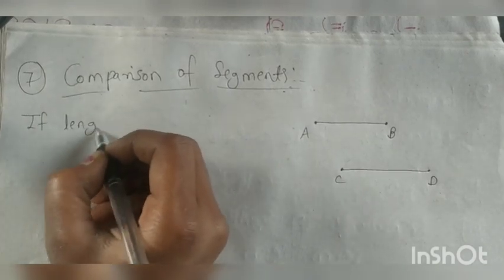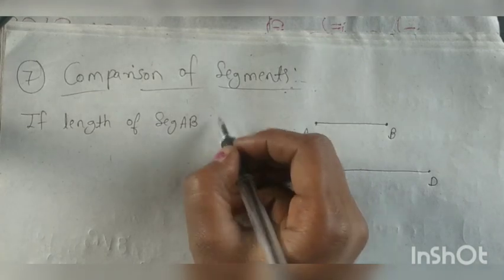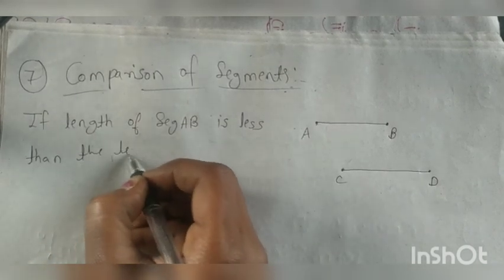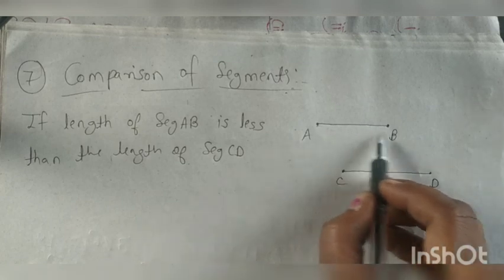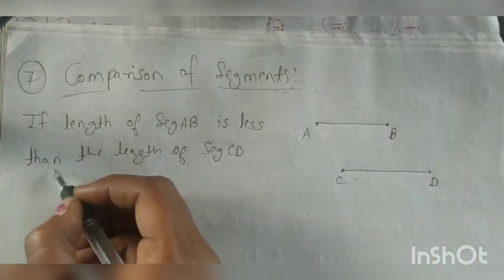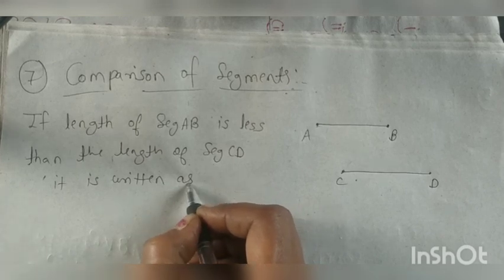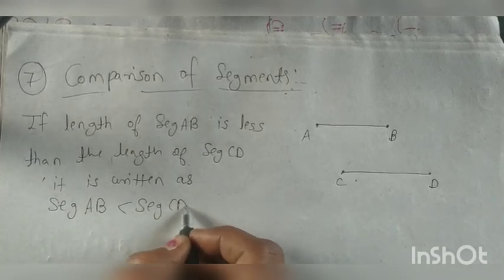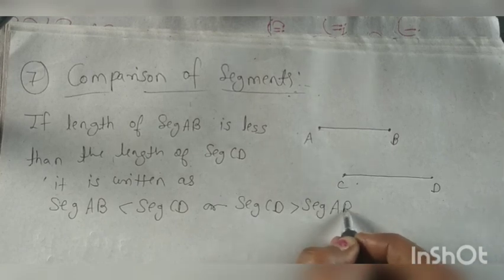If the length of segment AB is less than the length of segment CD, it is written as segment AB less than segment CD, or segment CD is greater than segment AB.